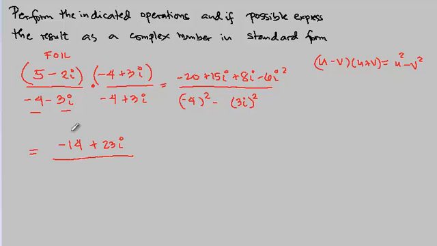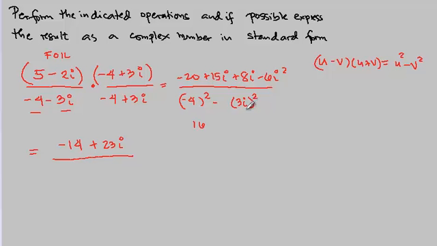How about the denominator? When you have a complex number multiplied by its conjugate, meaning they differ only in the sign of the imaginary part, one negative and one positive, you will find out that their product is a real number. What is negative 4 squared? That is simply 16.